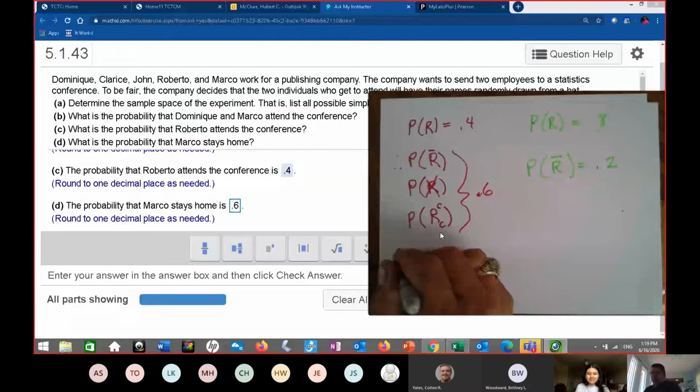If 200 have Rona, what's the complement of 200 that doesn't have Rona? 300 don't have Rona. So you can have a complement as far as equal to 1. See, 0.8 and 0.2 is 1. 0.4 and 0.6 is 1.